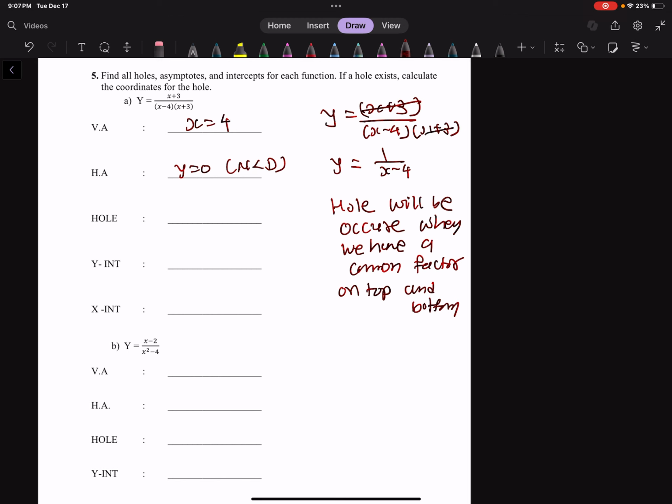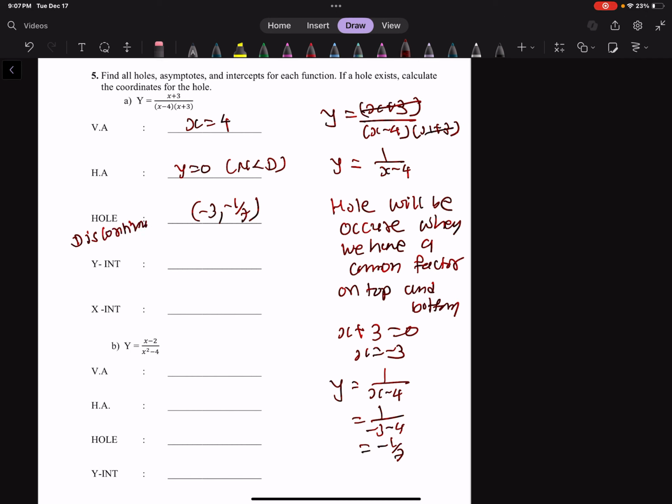Right now we have one, so set the common factor equal to 0, so x equals -3. To find y, you substitute the value, so -1 over 7. The hole means a discontinuity point. It is also called a discontinuity point.